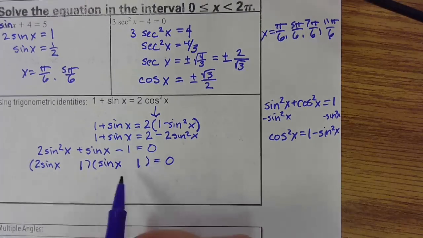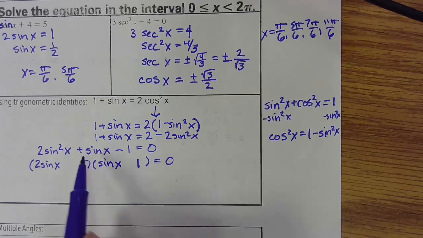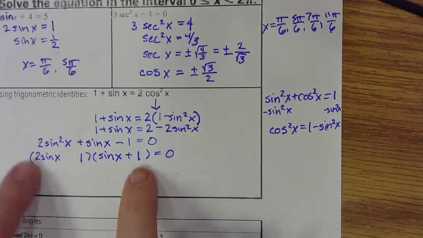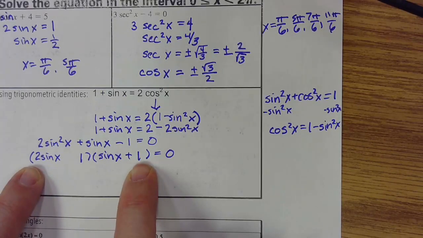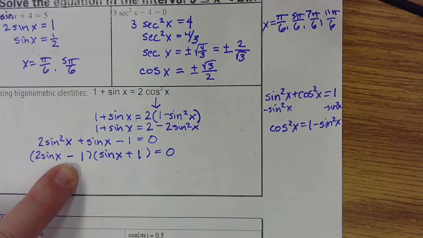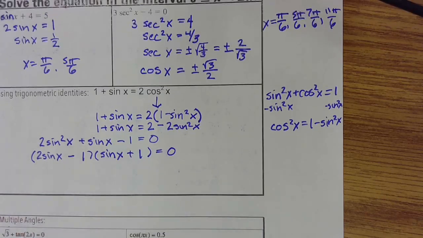And then let's think about whether it would be positive or negative. Overall, I want it to be positive when I add them together, so I would put the plus 1 here so that this would be plus 2 sine, and then minus the 1 here, so it would be minus sine. If I did that, this would factor out correctly.